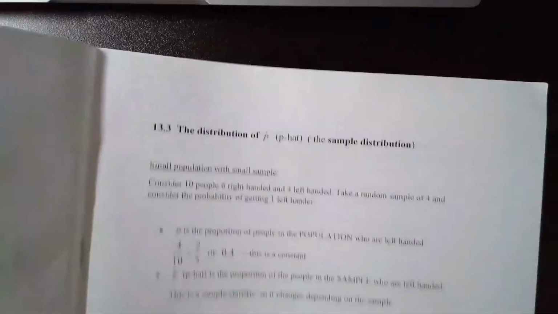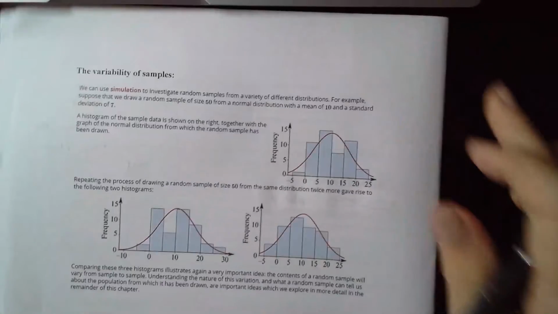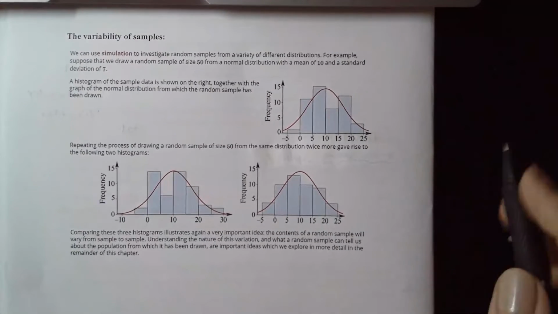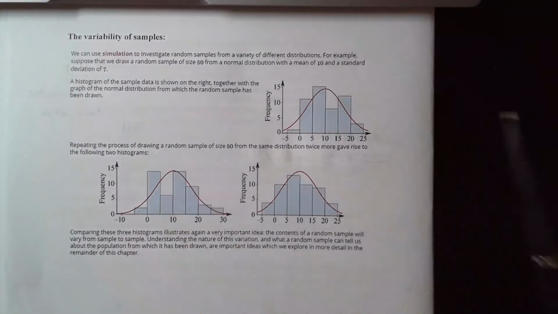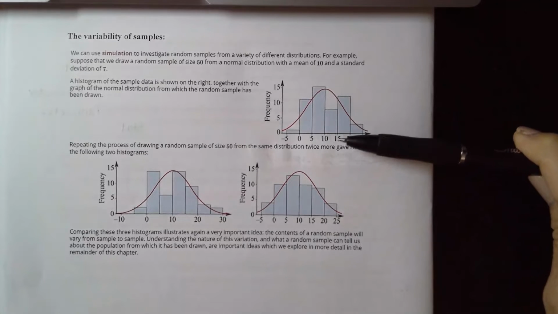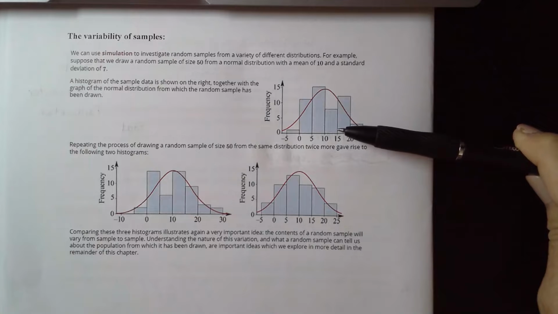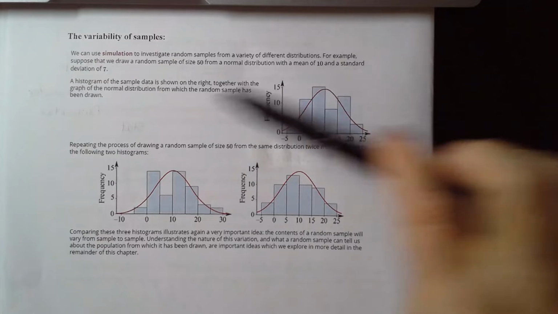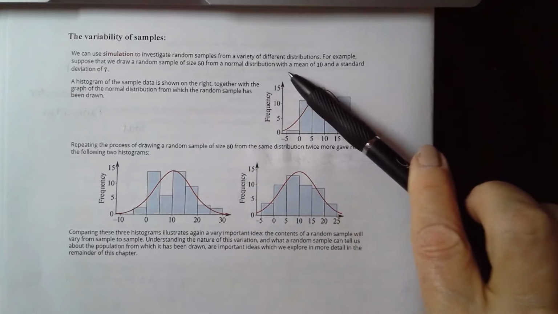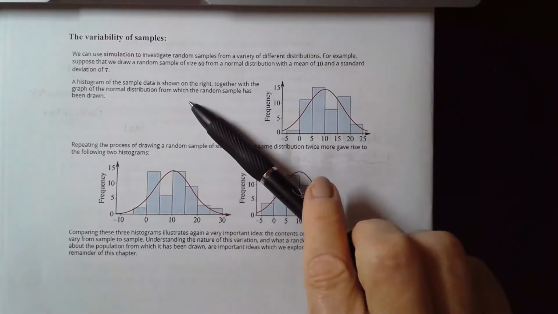There's another page here that talks about the variability of samples. This is really for the next section of the book, but it talks about doing a simulation. They've done a simulation here where they've done some samples. They said, for example, suppose we draw a random sample of size 50 from a normal distribution with a mean of 10 and a standard deviation of 7.